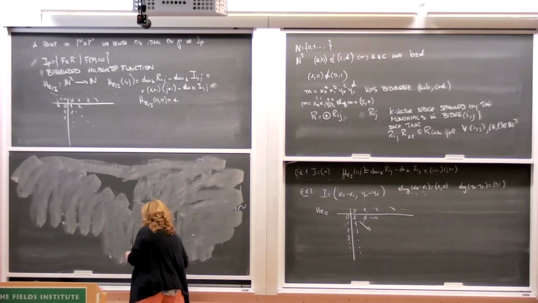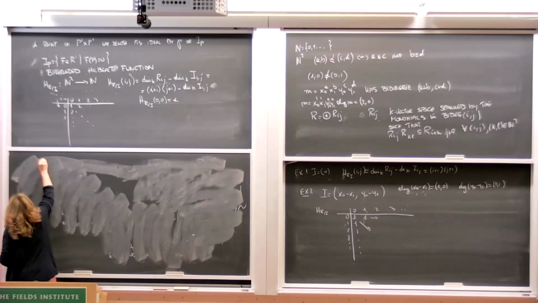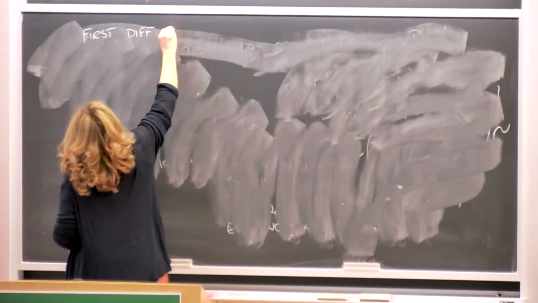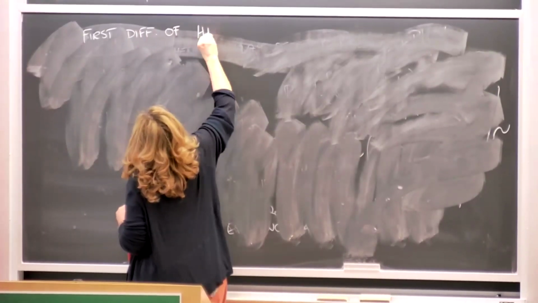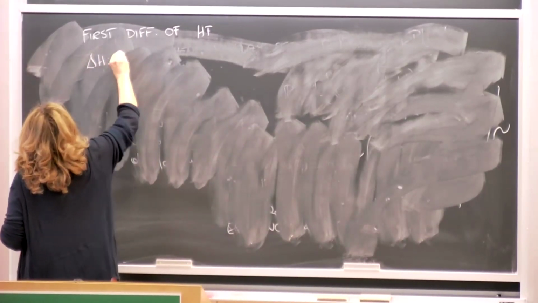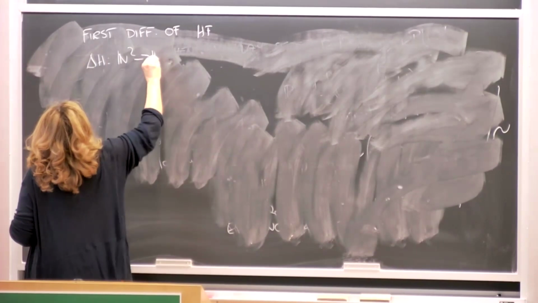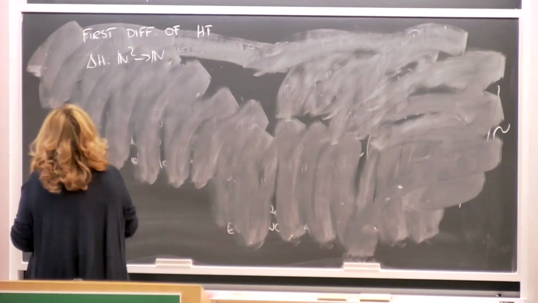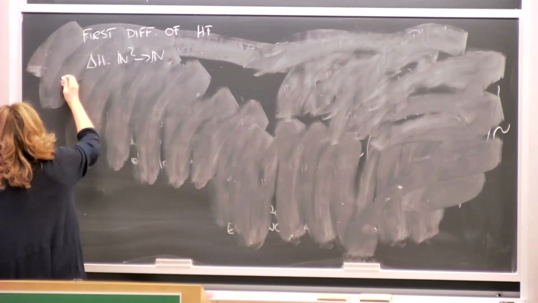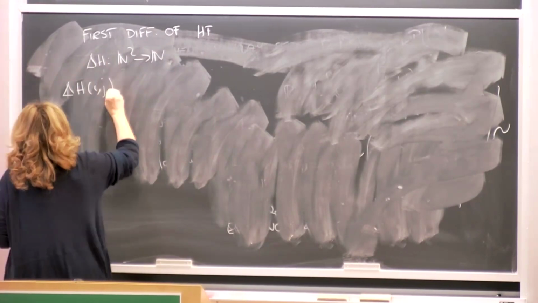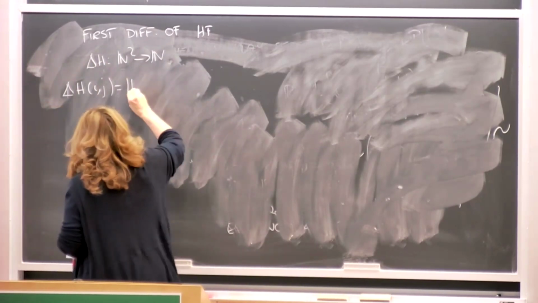The first difference of the Hilbert function is defined by delta H, which goes from N squared to N, and it's given in degree i, j by the Hilbert function.